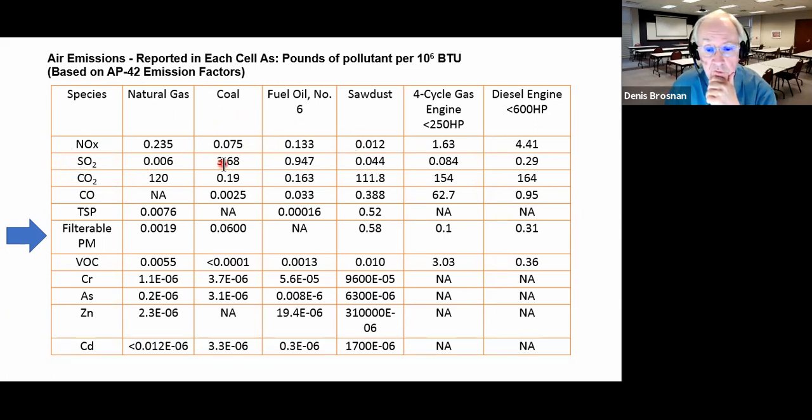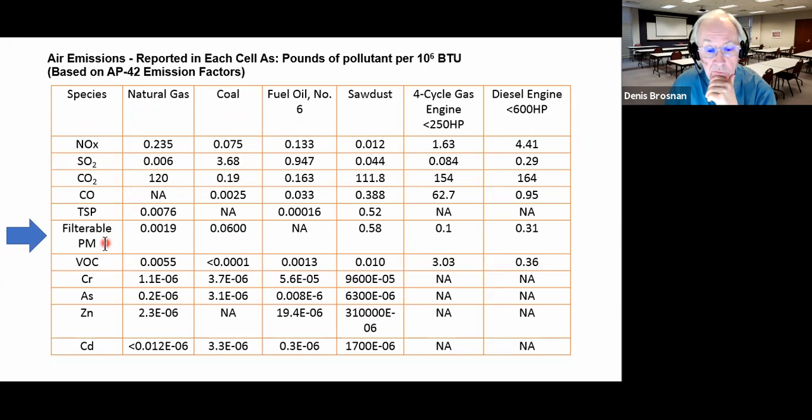But of course, sulfur is the big problem with coal, along with particulate matter. With fuel oils, we can get soots being formed. Here are some values for carbon monoxide and total suspended particulate matter.